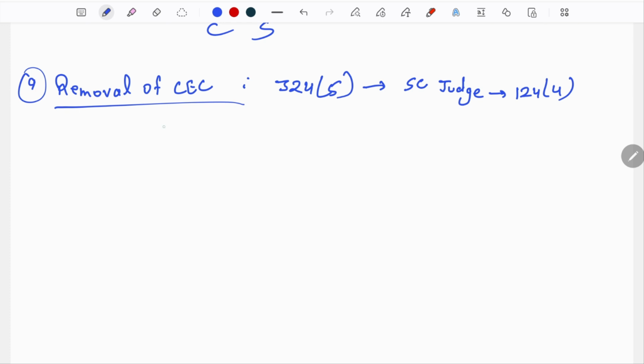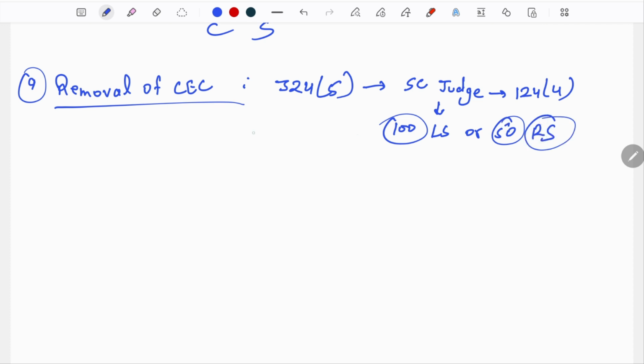What is this procedure? A Supreme Court judge is removed by moving a resolution by 100 members in Lok Sabha or 50 members in Rajya Sabha.